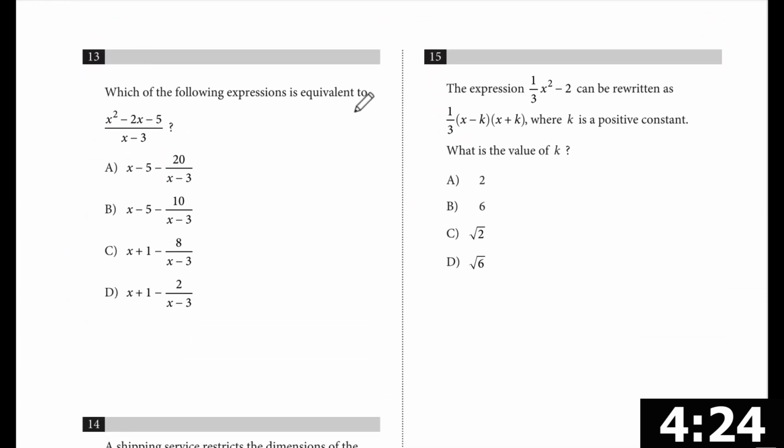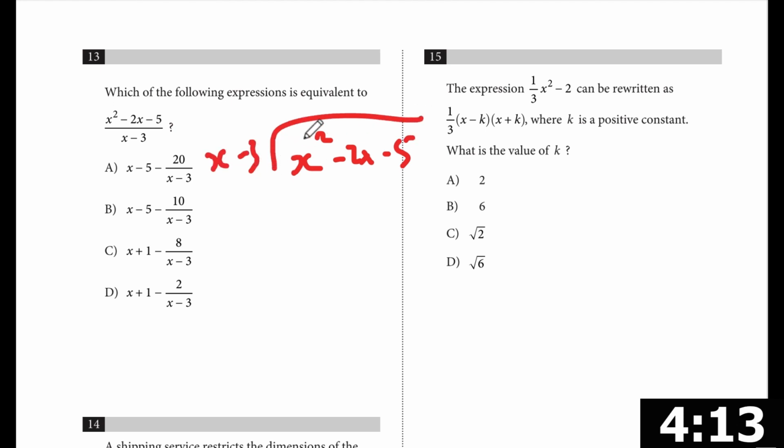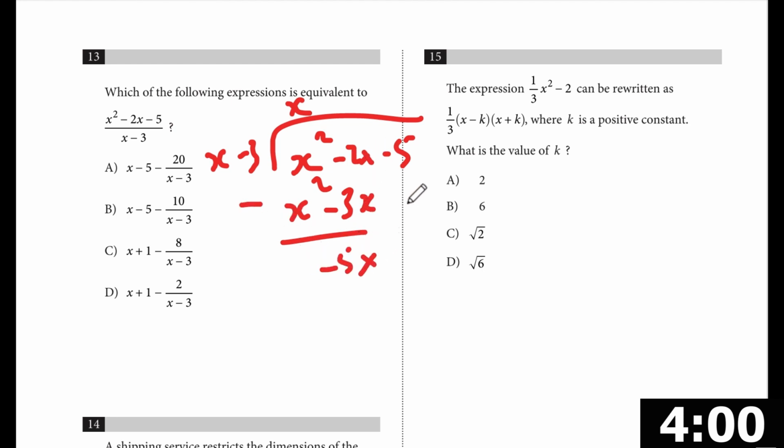Which of the following expressions is equivalent to this? So we could simply just do some division. Goes into x, so this would be x squared minus 3x. Now, -2x minus 3x is -5x, so I have -5x minus 5.